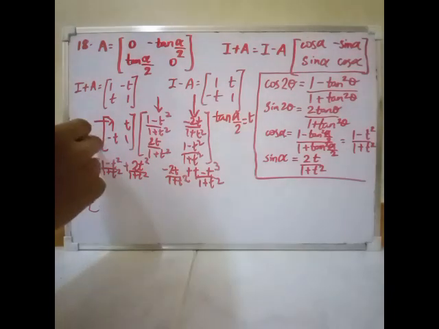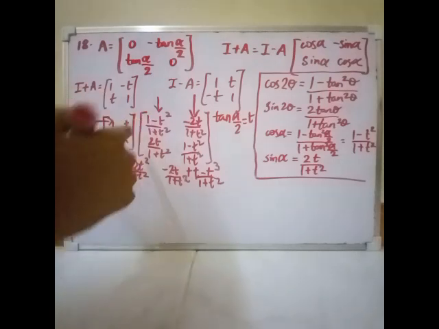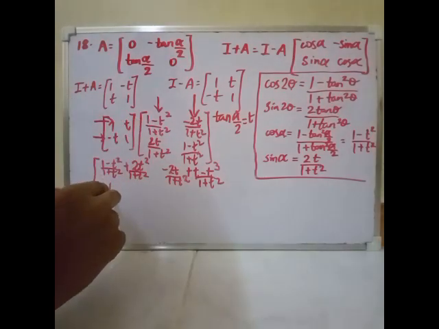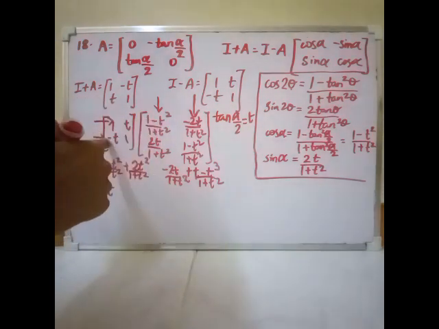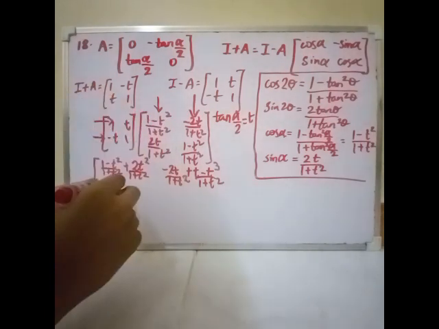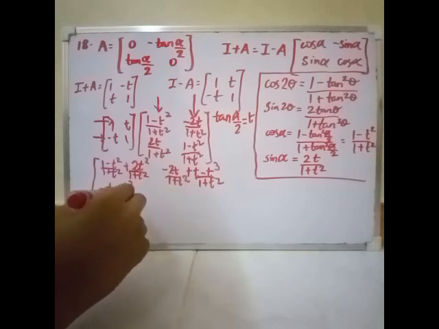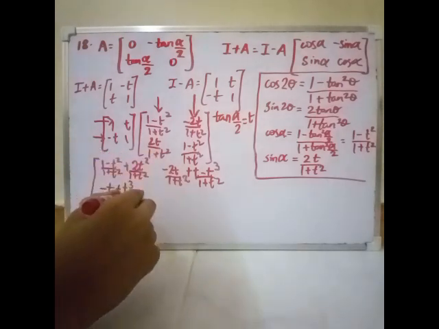Now second row, minus t times this thing, right? So minus t into 1 would be minus t, and minus t times minus t squared, minus minus would be plus, and t times t squared would be t cubed by the denominator, plus 1 times 2t would be 2t by the denominator.